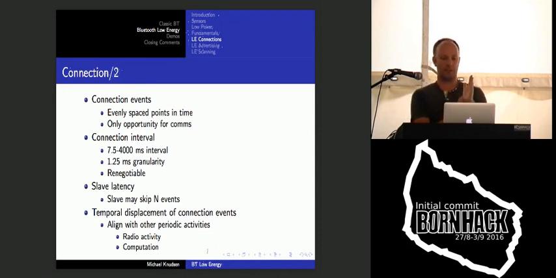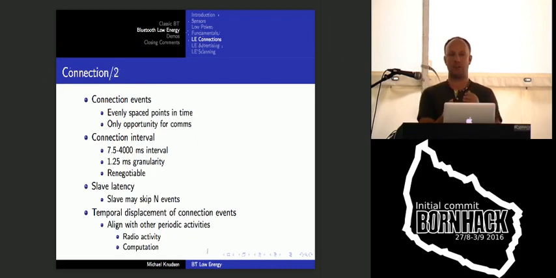But it also means that you can align your connections such that you turn on your radio and do the communication when you have woken up for something else, like in 5 minutes my thermometer kicks in and gives me an interrupt with a temperature reading. Just make sure that when that happens, I'll be doing my communication there as well, because otherwise you'd have to sleep and wake up only to do radio communication.